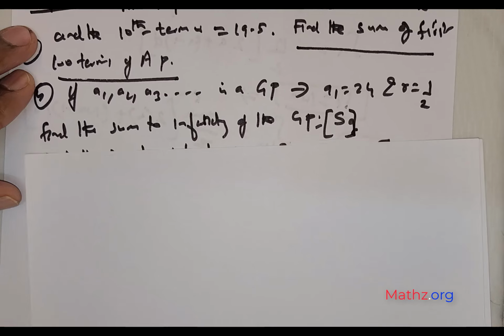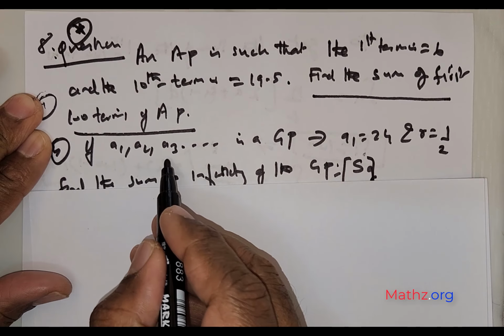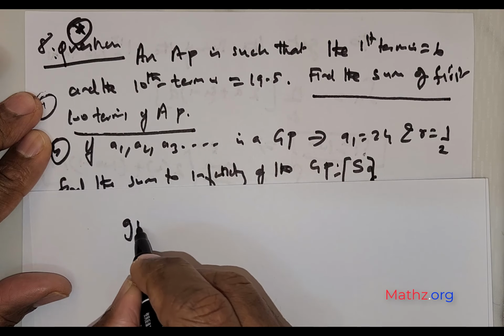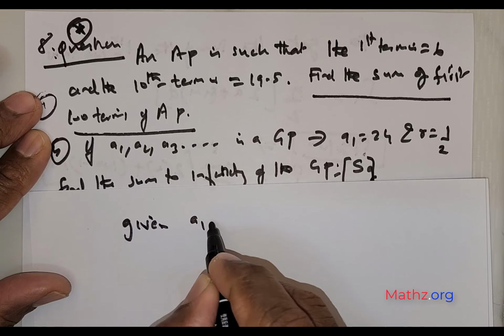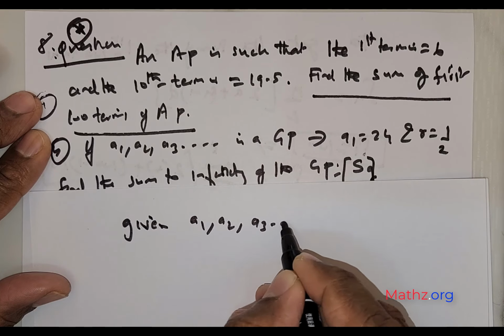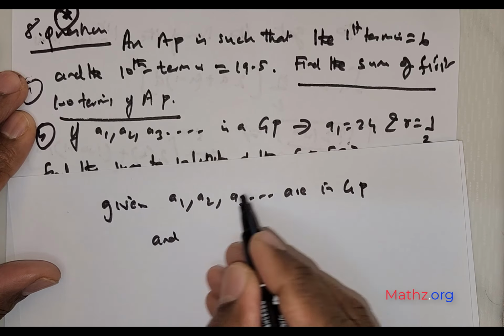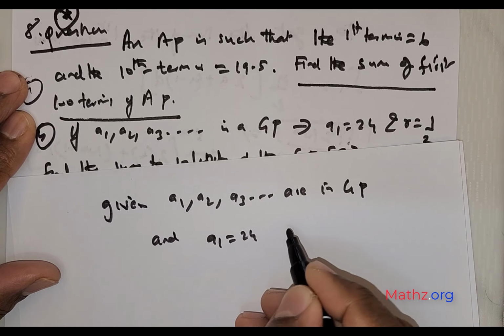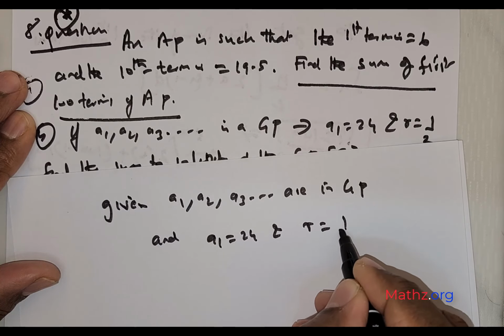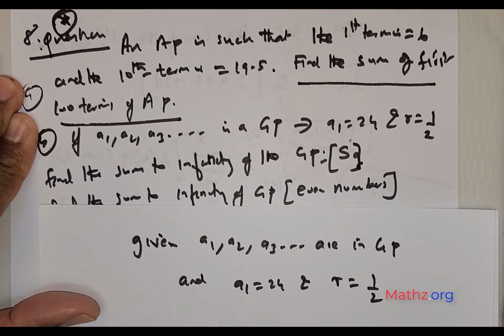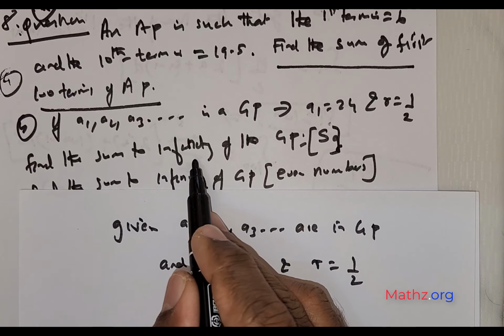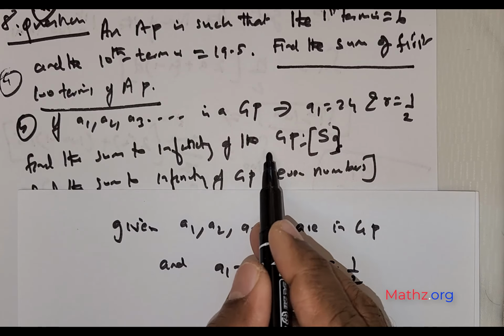Now we are given A1, A2, A3 are in GP. Let me write that. Given A1, A2, etc. are in GP, and the first term is 24, and r is equal to 1 over 2. We are asked to find the sum to infinity of the GP.